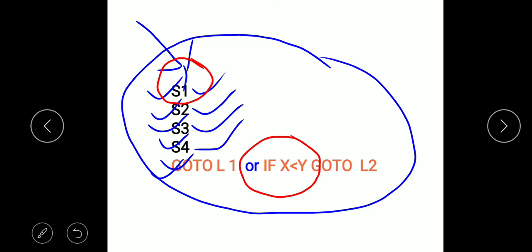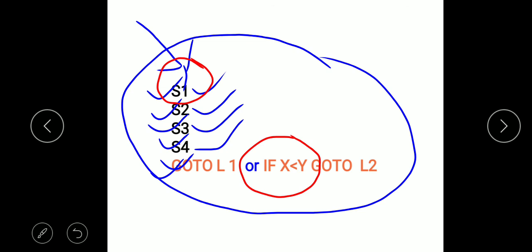So you need to remember all the statements of a basic block are executed in sequential manner. Second point, there would be one entry point for execution and one exit point. And apart from sequential execution, there could be a self loop within a basic block.